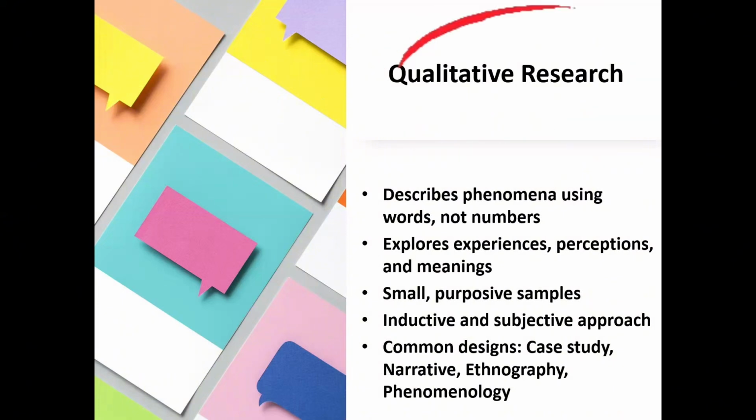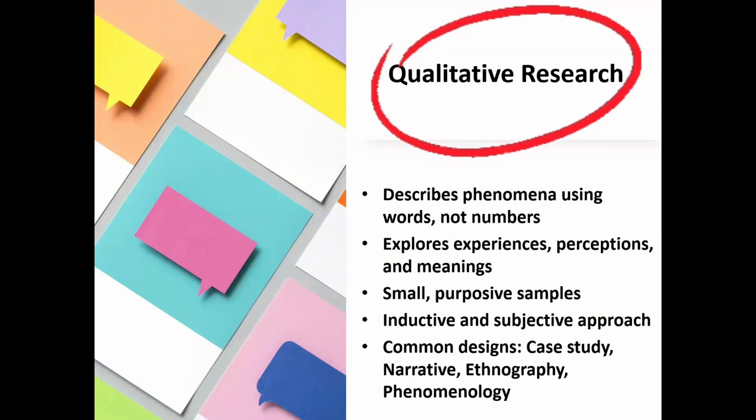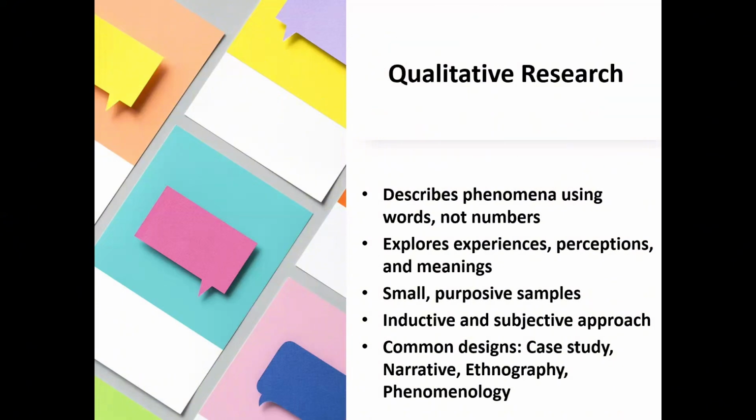Then we explore experiences. We want to look at the experiences of individuals, their perceptions, the meaning they give to issues or a particular event. What meaning did they make out of it in their own way? What do they think about it?